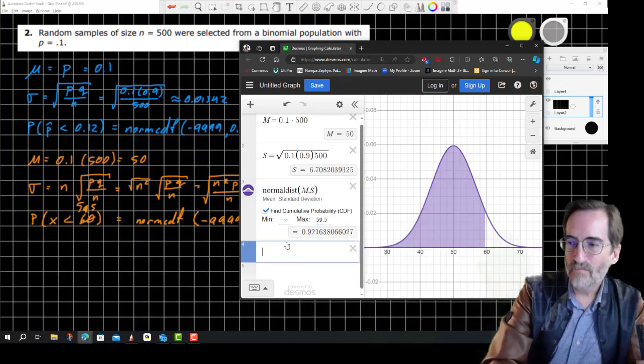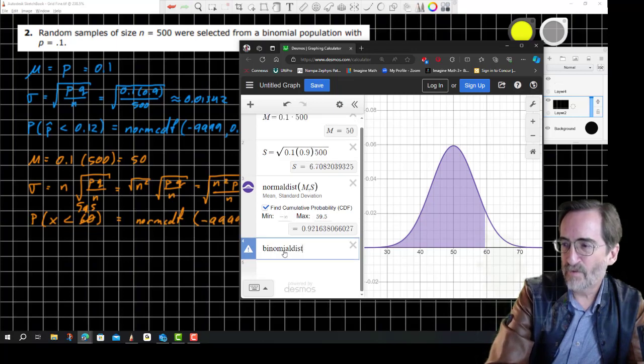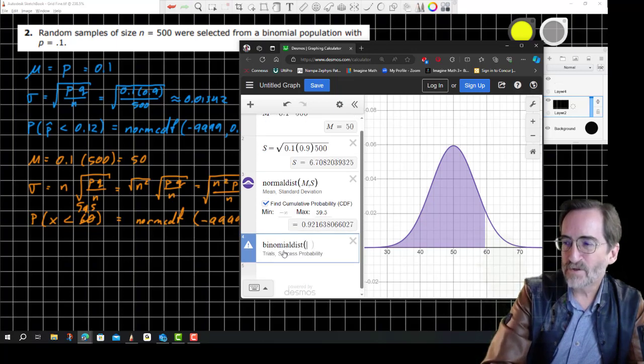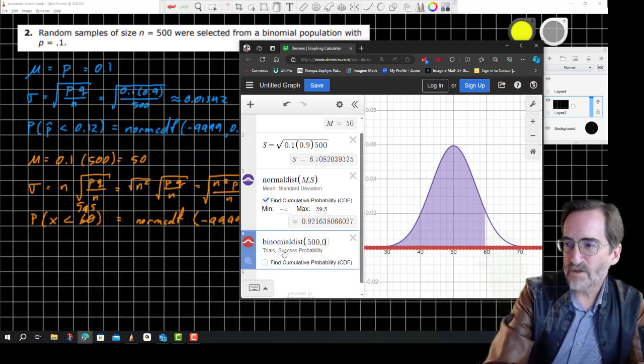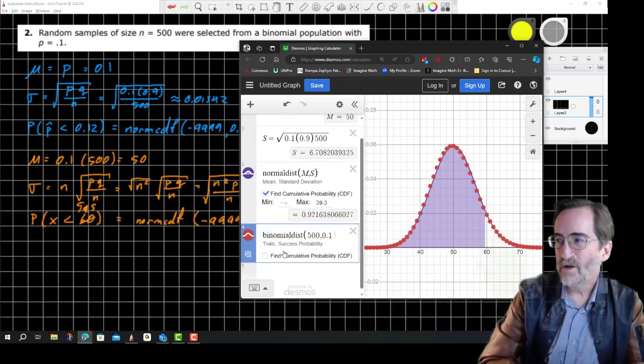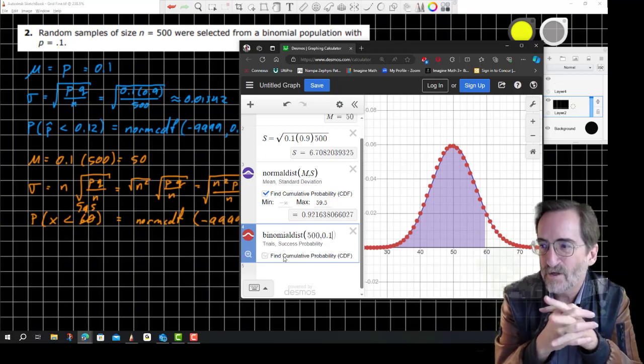All right, a binomial distribution, there we go. Trials are 500, and the probability of success is 0.1. Notice how closely they match.